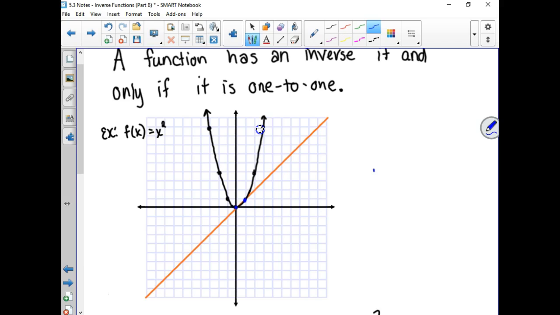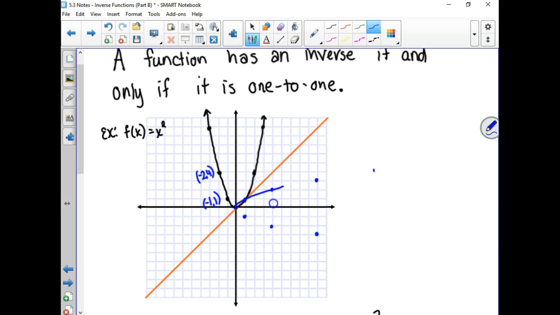The point 4, 2 becomes 2, 4. And 3, 9 becomes 9, 3. Right? And then here, this point is at negative 1, 1. So that's going to become 1, negative 1. We're going to switch there. This is the point negative 2, 4. So that's going to be 4, negative 2. And then you can kind of see this fills in.